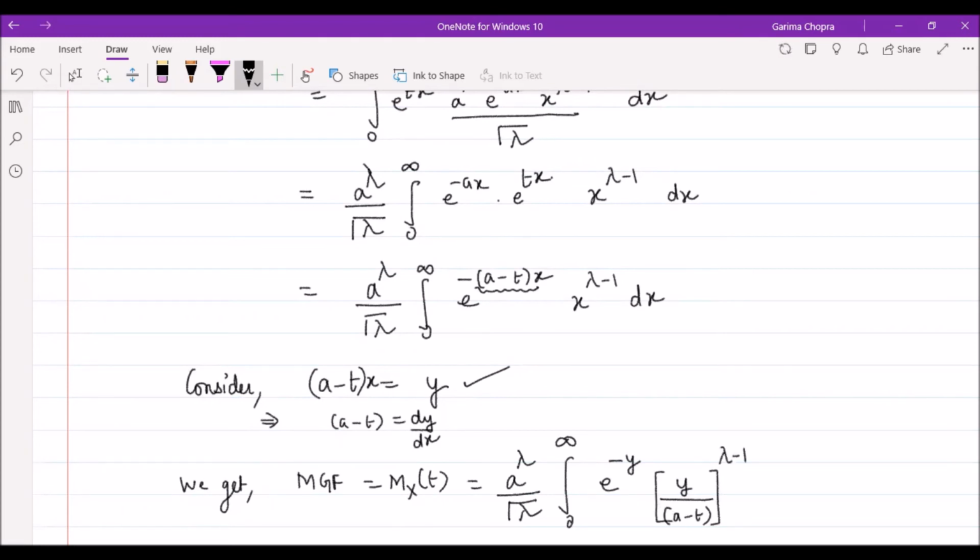And if we check for dx, dx is dy upon a minus t.